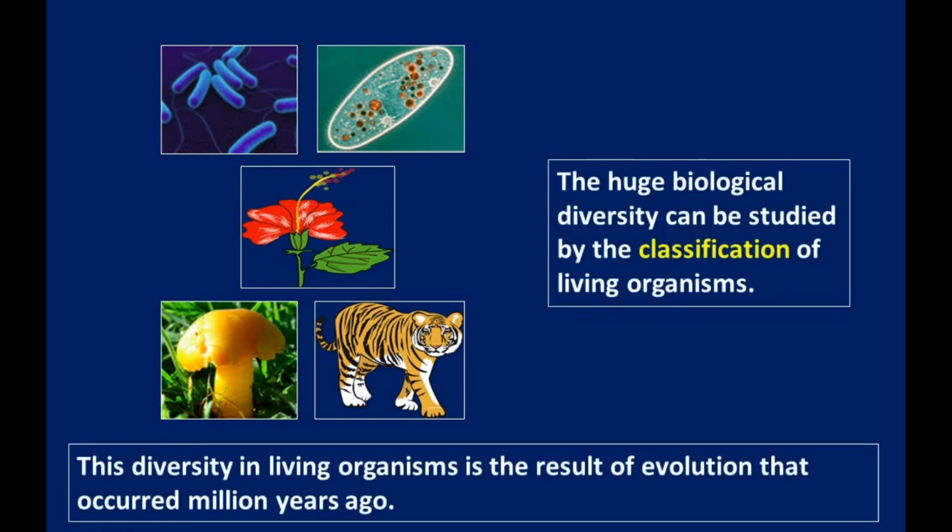So this huge biological diversity can be studied by the classification of living organisms. They are categorized into different groups on the basis of their characteristics. So what is classification?